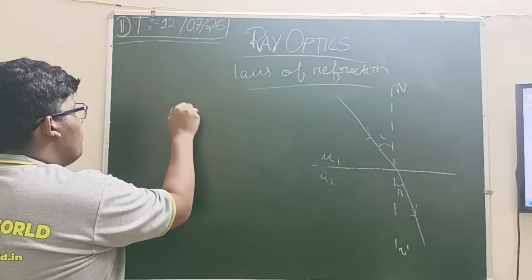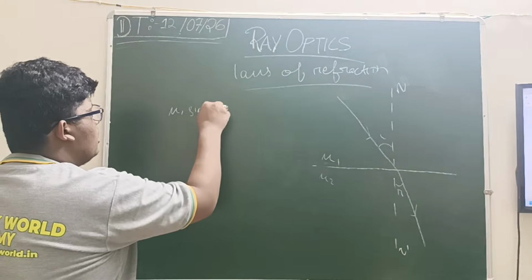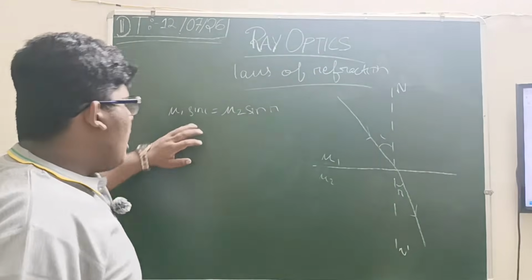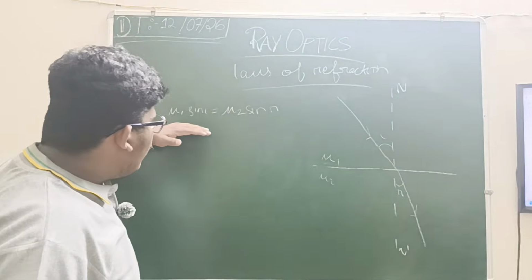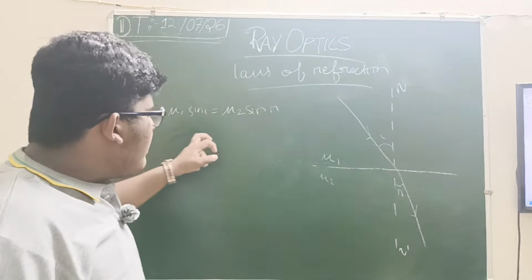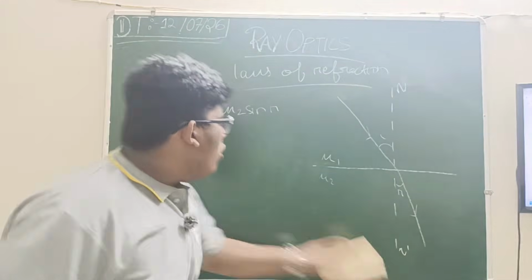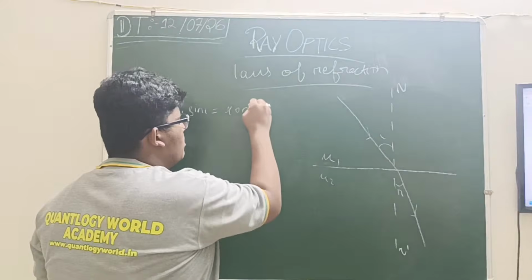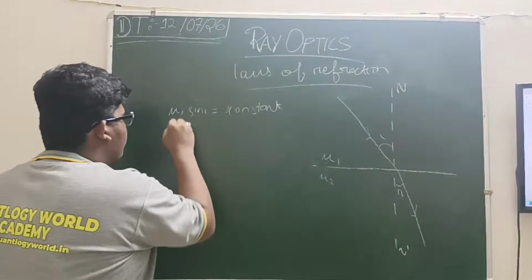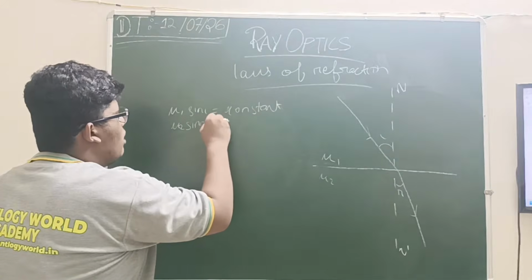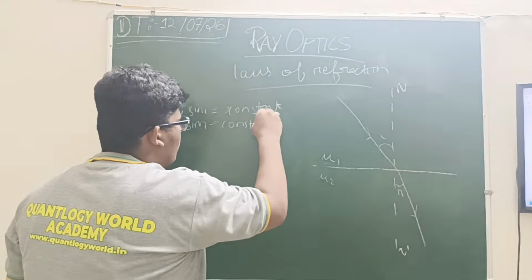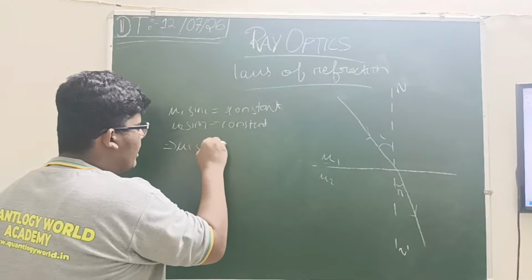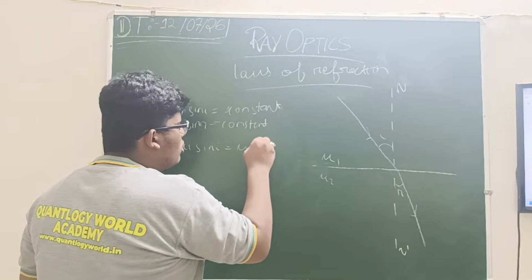So according to this law, mu 1 sin I equal to mu 2 sin R. It means the product of refractive index and the sine of angle of incidence or sine of angle of refraction is constant, or you can write like this: mu 1 into sin I equal to constant, and mu 2 into sin R equal to constant. As these both are constant, we can write mu 1 sin I equal to mu 2 sin R.